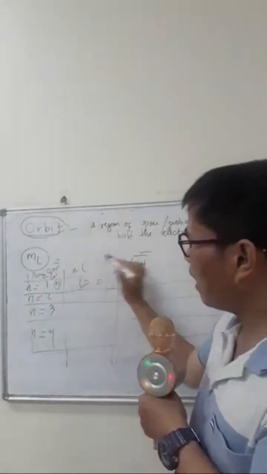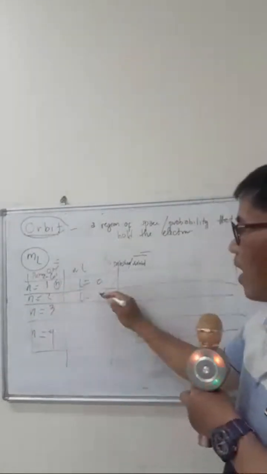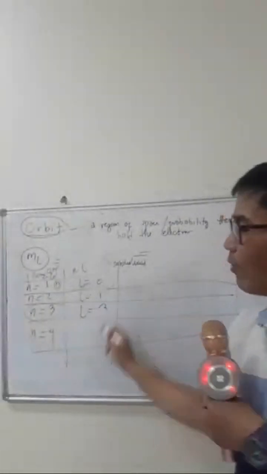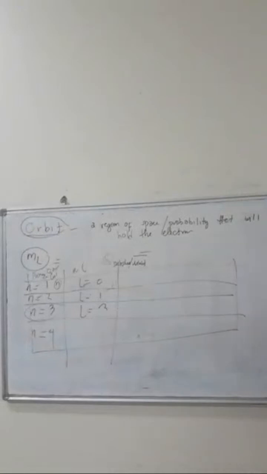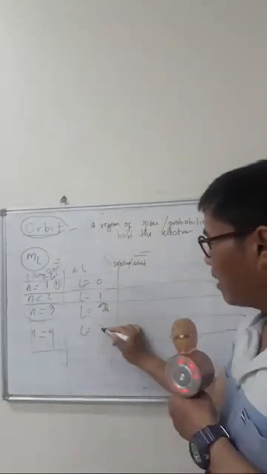For energy level 2, our L is n minus 1, so 2 minus 1 is 1. I told you a while ago, the formula of L is n minus 1. In 3, we have 3 minus 1, 2. And for 4, n minus 1 is 3.